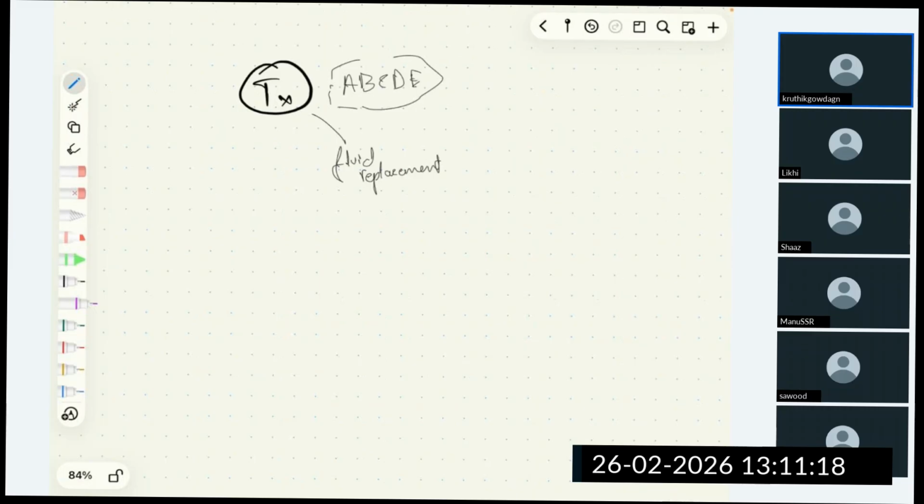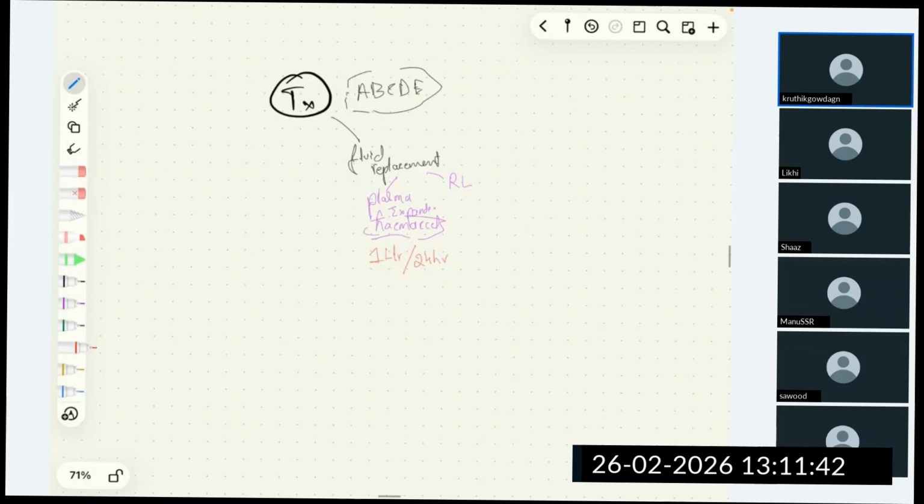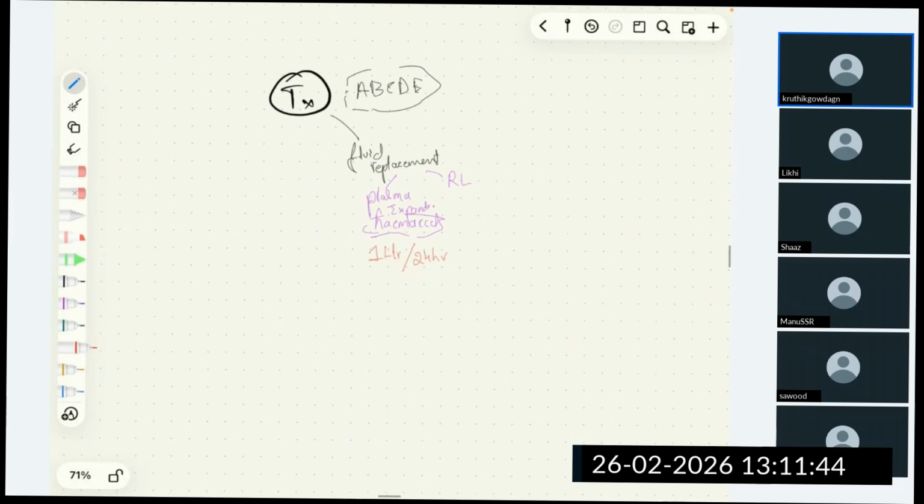We can give plasma expander, that is Haemaccel. This plasma expander Haemaccel can be given only up to 1 liter per 24 hours. And then following that, fluid therapy is ideally done with crystalloids.